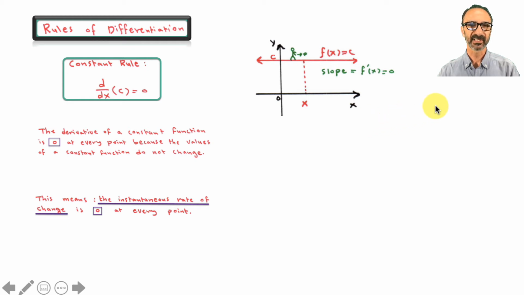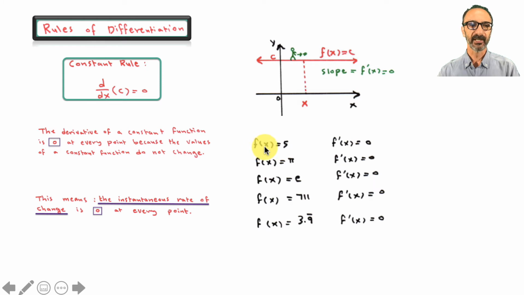Okay, let's take some examples without graphs. That's the simplest, easiest rule that we have in differentiation. Keep that in mind. If f of x equals 5, f prime equals 0. If f of x equals pi, and pi for us is a number, f prime is 0. I keep saying f prime because that's how we call it, instead of the derivative of f of x, which is kind of lengthy.